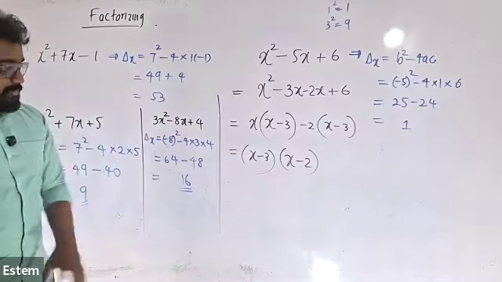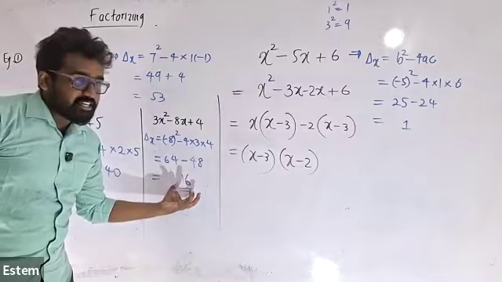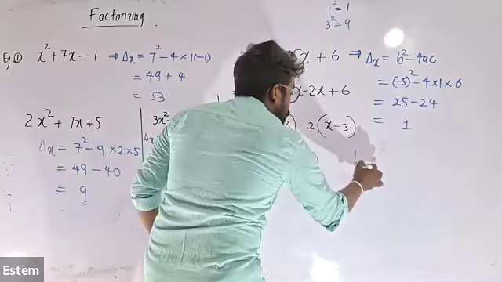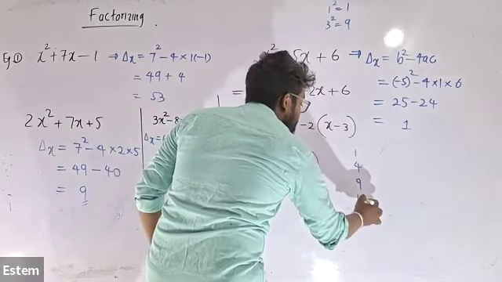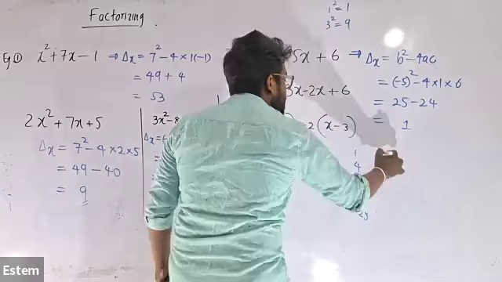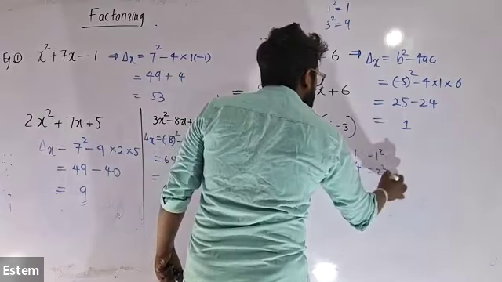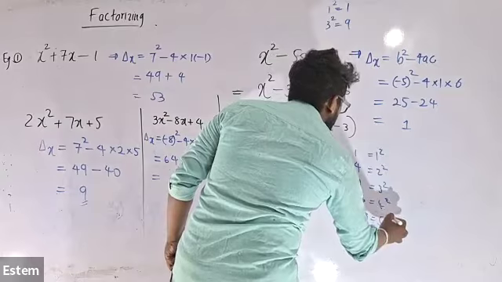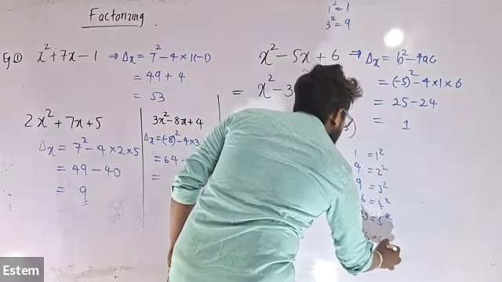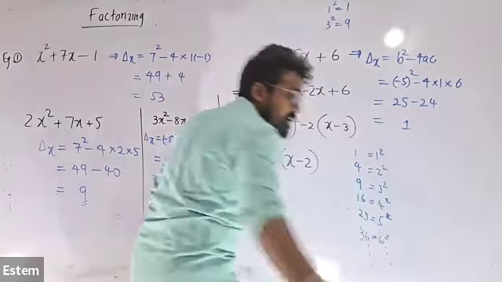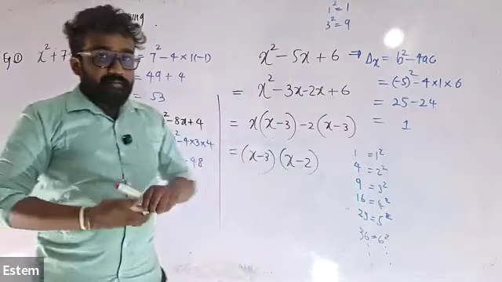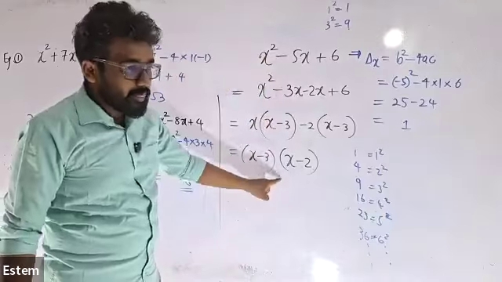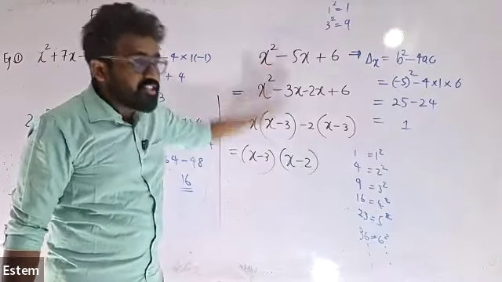Okay, please wait. When the discriminant is a number like 1, 4, 9, 16, 25, 36, that is 1 square, 2 square, 3 square, 4 square, 5 square, 6 square, and so on, we can factorize the quadratic function in this way.